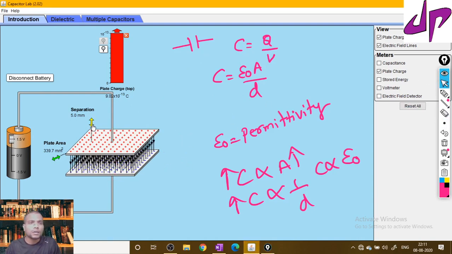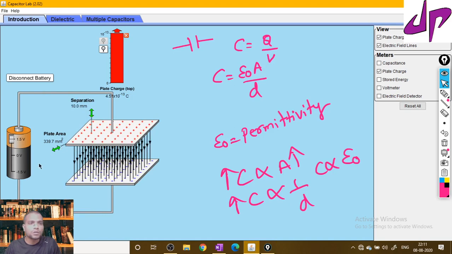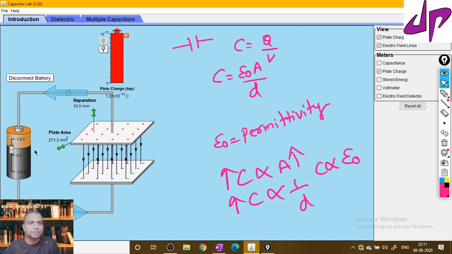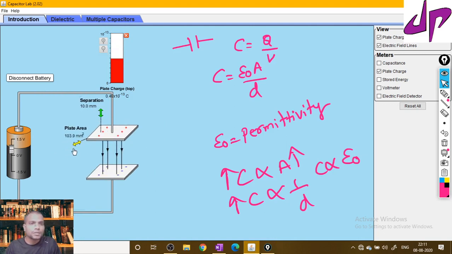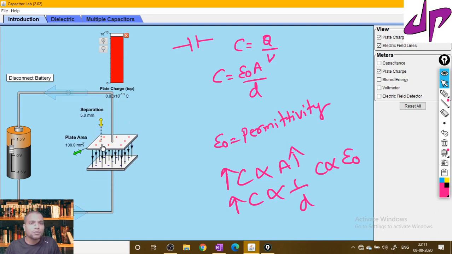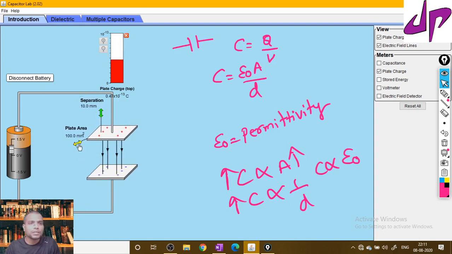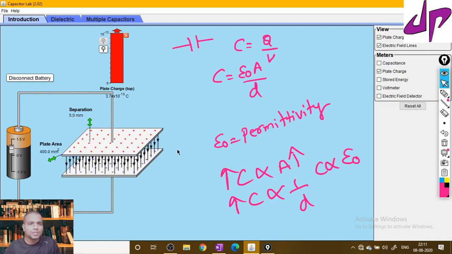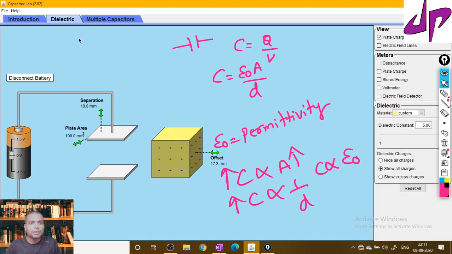If we increase or decrease the separation, the capacitance value will vary. The capacitance of a capacitor purely depends upon the arrangement we make. If we increase or decrease the plate area and the separation distance between them, that affects the capacitance value.